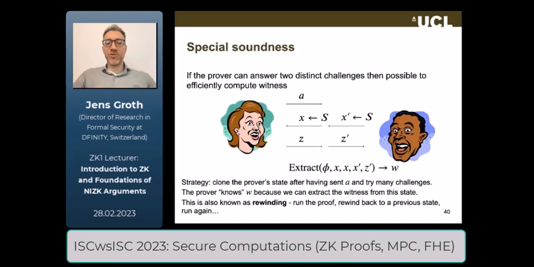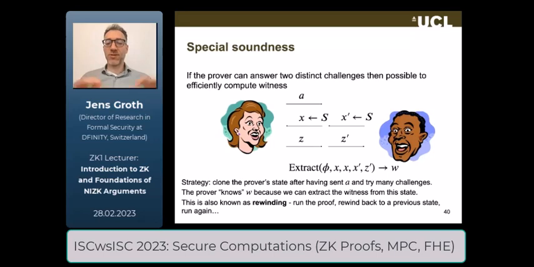Then we clone the prover state, and then try many challenges. If the prover can answer all of them, then it can only be because the prover knows W. And if the prover cannot answer any of them, then probably the prover wasn't that likely to be successful to convince us and cheat us.